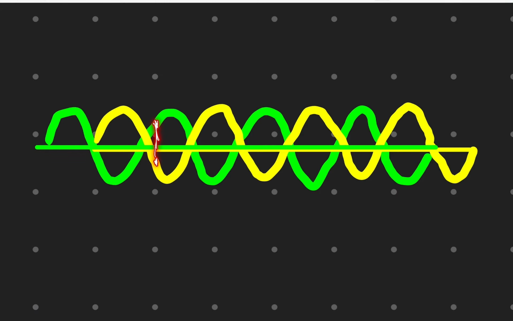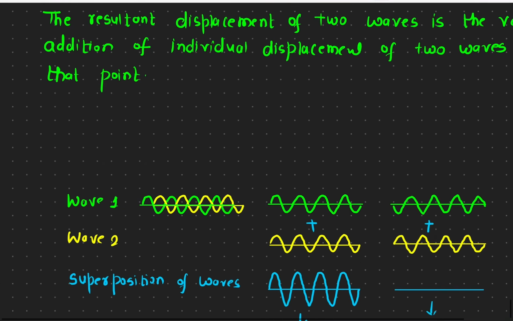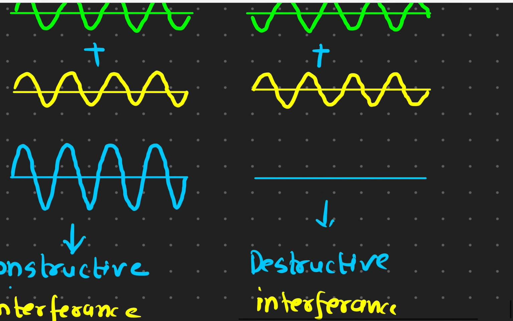Because one is positive and the other is negative, I will get 0 at any point, it doesn't matter where. So the waves perfectly cancel each other out, and this kind of wave we call destructive interference.